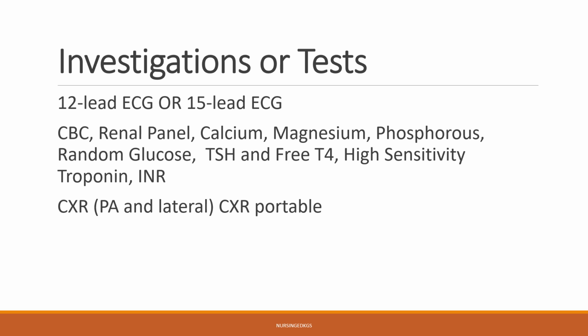Now, the physician is also going to order a chest x-ray, and it can be a chest x-ray in DI or it can be a portable chest x-ray. A chest x-ray is routinely ordered just so that the doctor is able to evaluate the heart size and shape, and it can show other underlying conditions or disease processes such as an enlarged heart, which can contribute to atrial fibrillation.